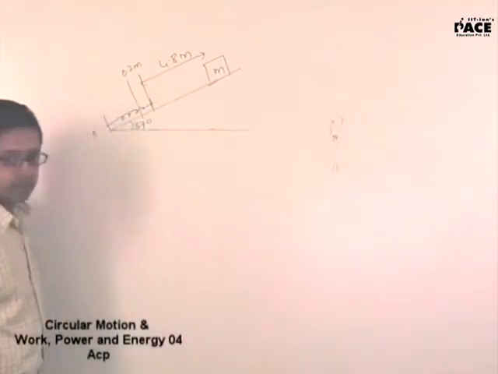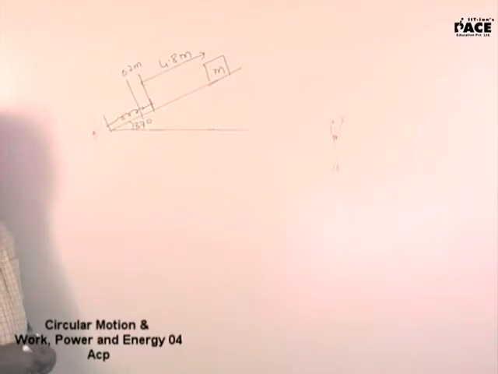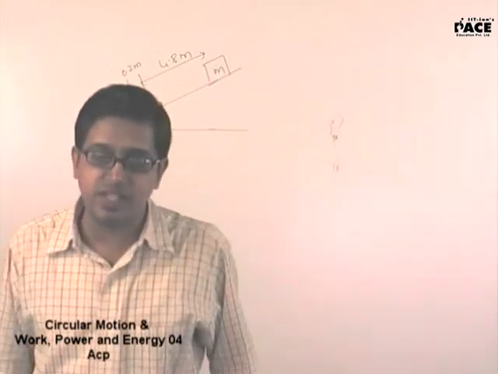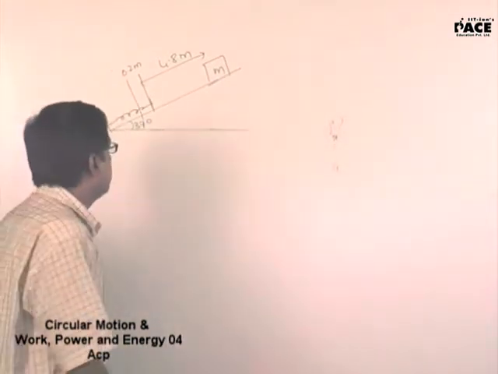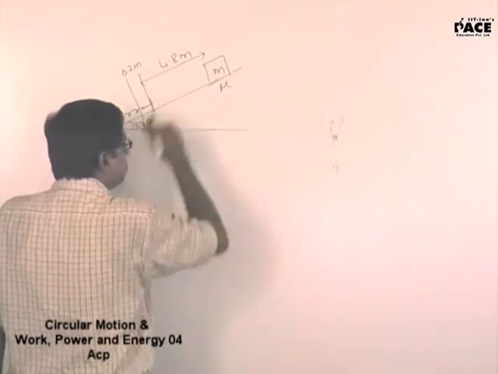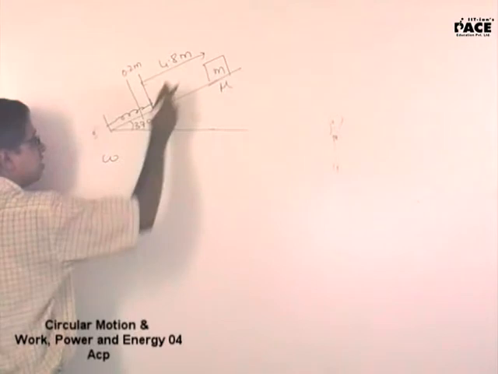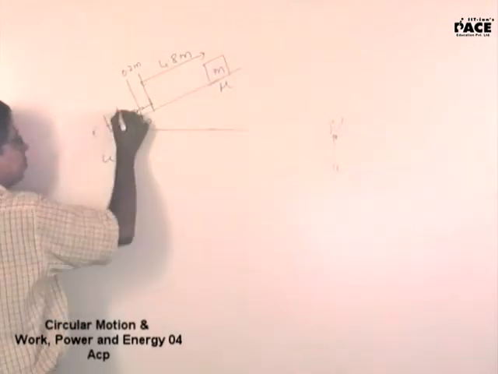Listen, in such type of problems, use the complete equation of work energy theorem, your job becomes easy. Let the coefficient of friction be mu, you will substitute for the values. Firstly, I write the situation when the block is coming down.